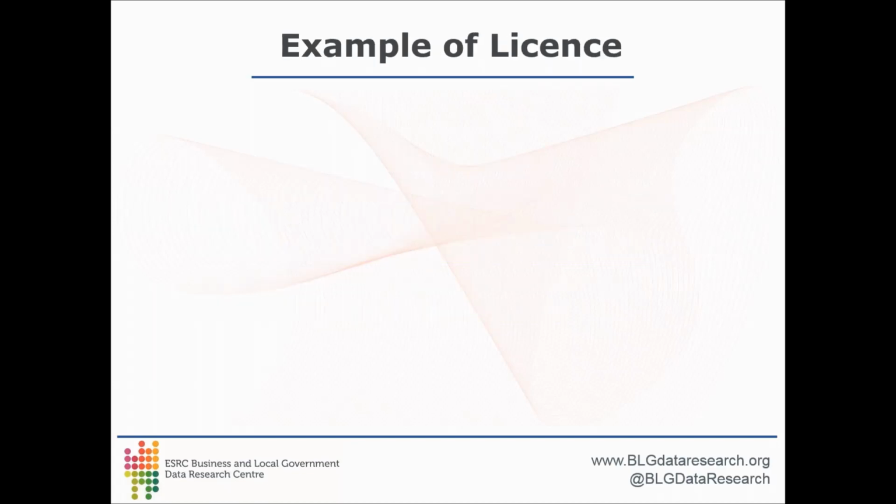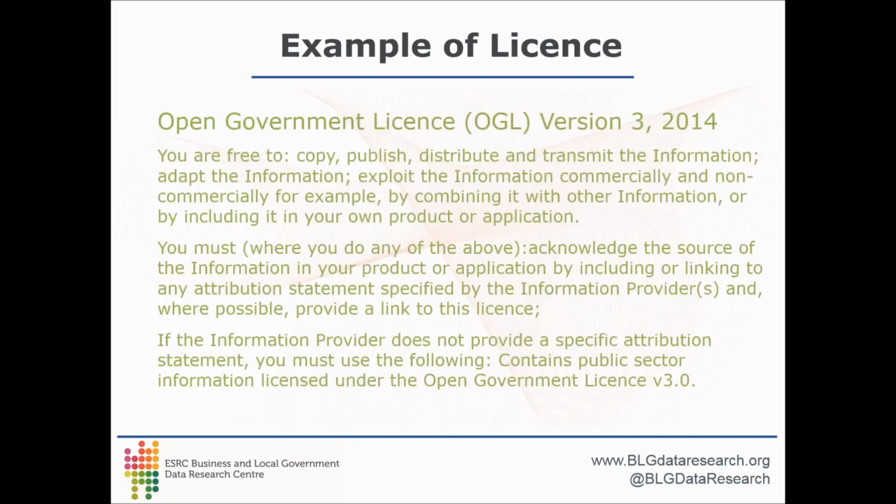But I think it's also useful to think about the sorts of license terms that exist. So what I've put on the screen now is the UK Open Government License version 3 that came into effect in 2014, because I think this shows how things have changed in terms of what you can now do with this information.